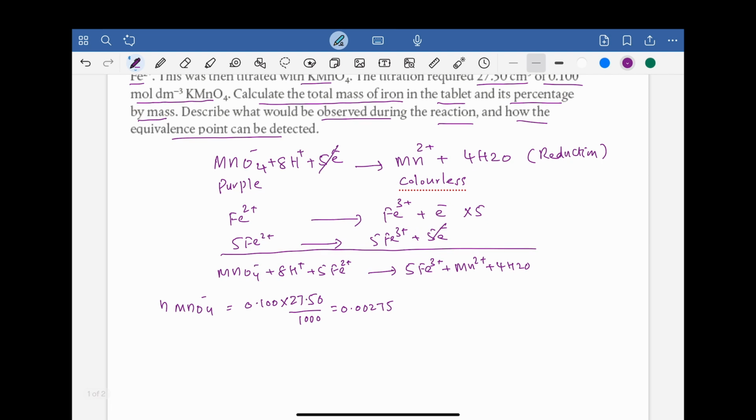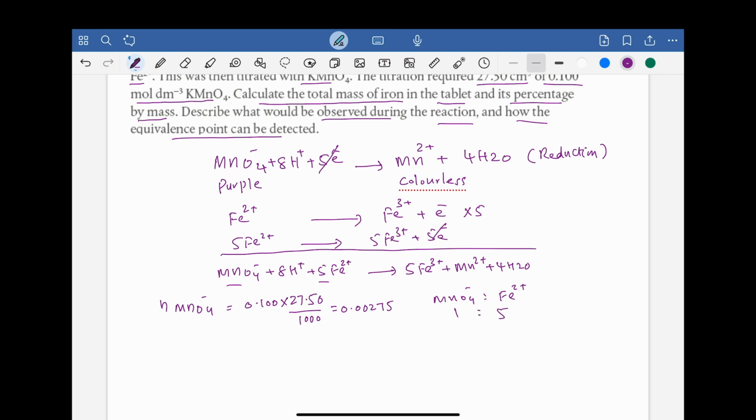Next we need to find out the moles of iron. If we look at the balanced chemical equation, the ratio between MnO₄⁻ and Fe²⁺ is 1:5. So we can multiply the moles of MnO₄⁻ by 5.